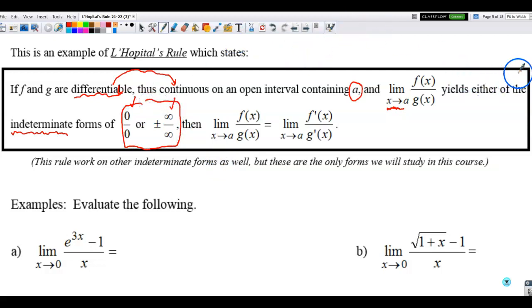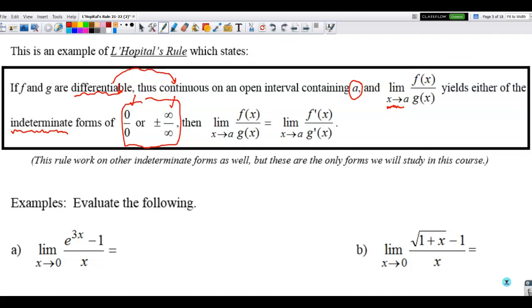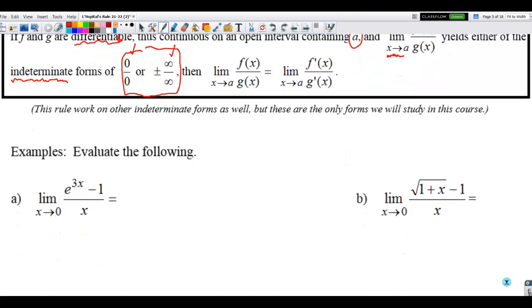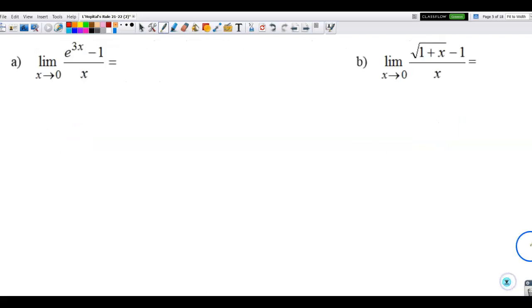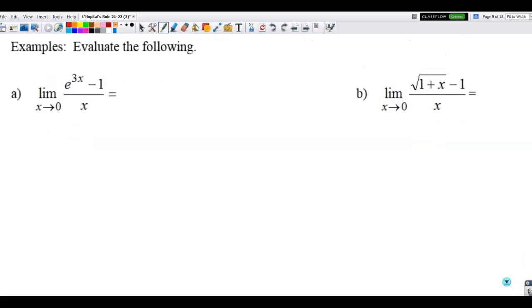All right, so let's see how L'Hopital's rule works in a situation. As I do these examples, pay very, very close attention, because when you do your work, it must be done exactly verbatim as I show you. So here we go. If I were doing this problem on an AP test and it said find the limit as x goes to 0, I would try direct substitution and hope things go well.